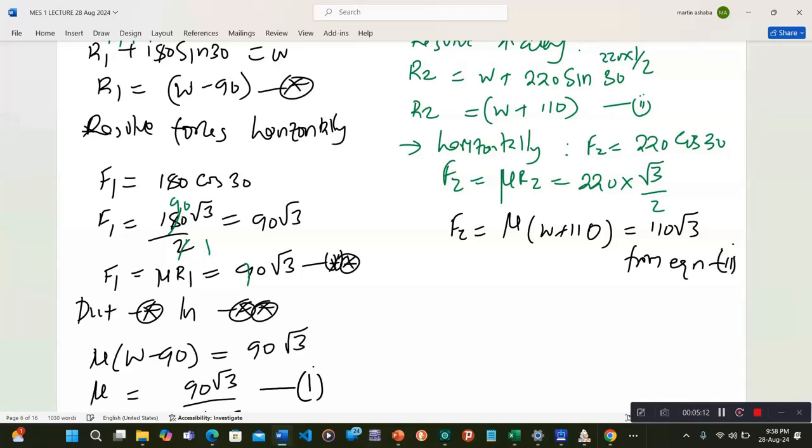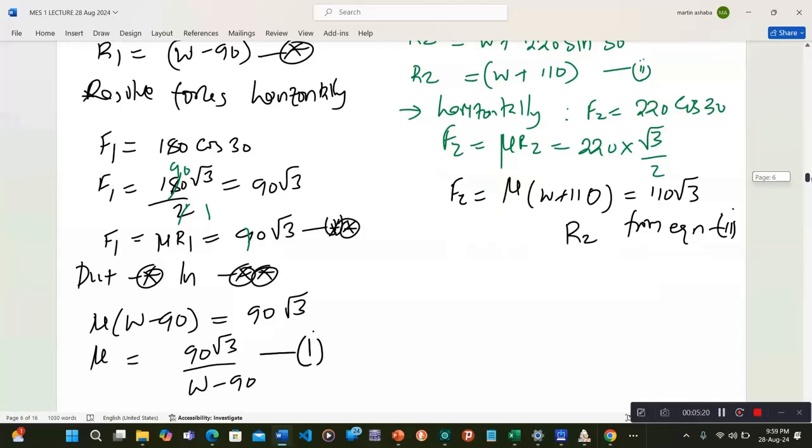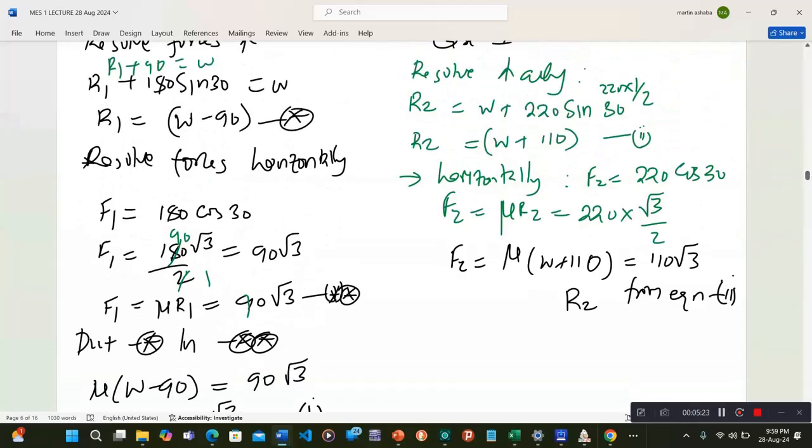That's what I've done. I've substituted for R2. So I've put R2 from equation 2 and I've put it here. So what will I have? I will have nu equal to 110 root of 3 divided by W plus 110. And this is going to be equation 3.